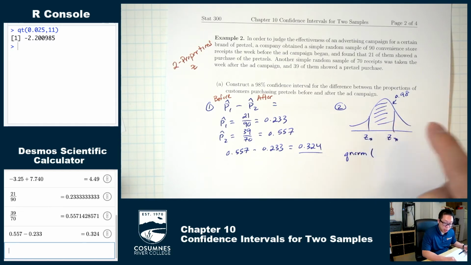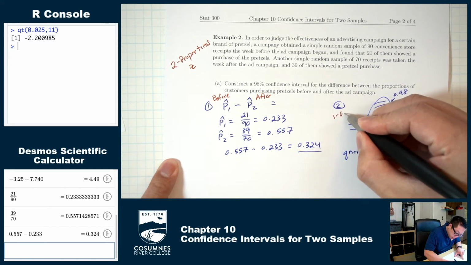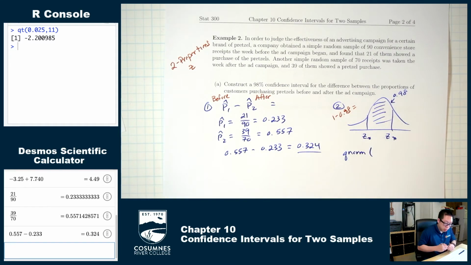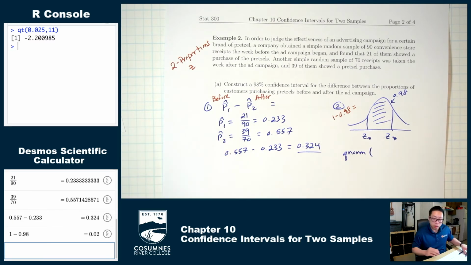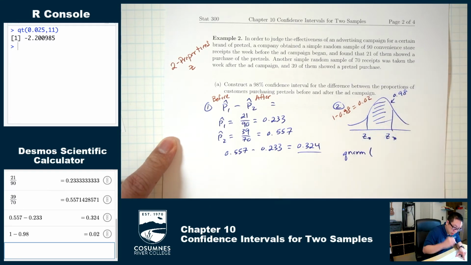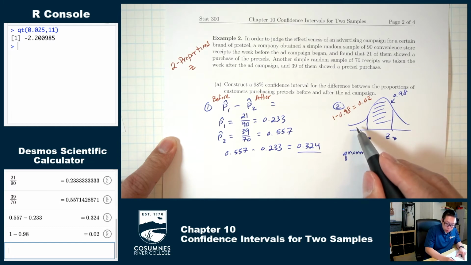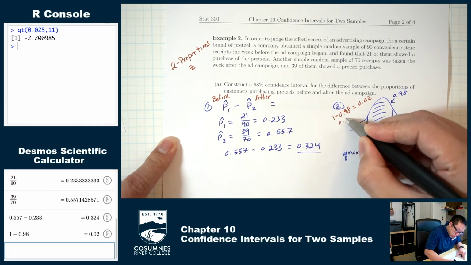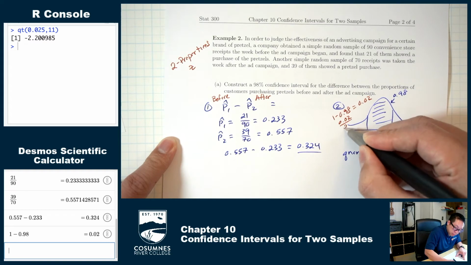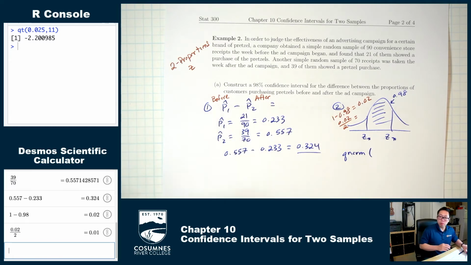To get the unshaded part, I first do 1 minus 0.98, which gives me the unshaded part, 0.02. The unshaded part is the left and right together. If I just want the left side, I divide by 2. 0.02 divided by 2 is 0.01.